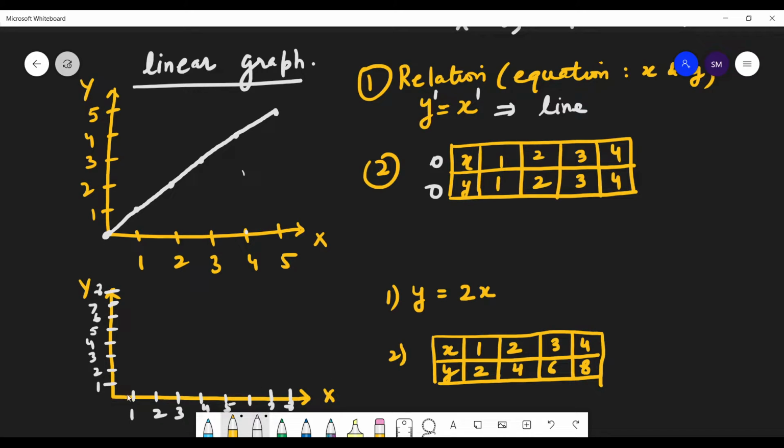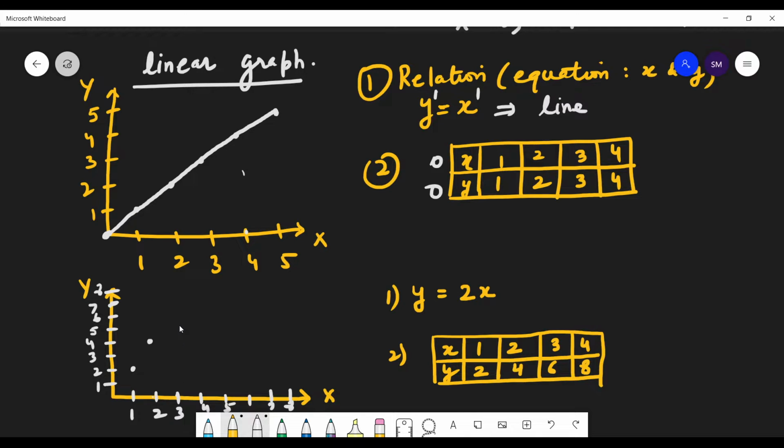Now x equals 1, y equals 2, one point. x equals 2, y equals 4, we'll get another point. x equals 3, y equals 6. x equals 3, base 3, 1, 2, 3.